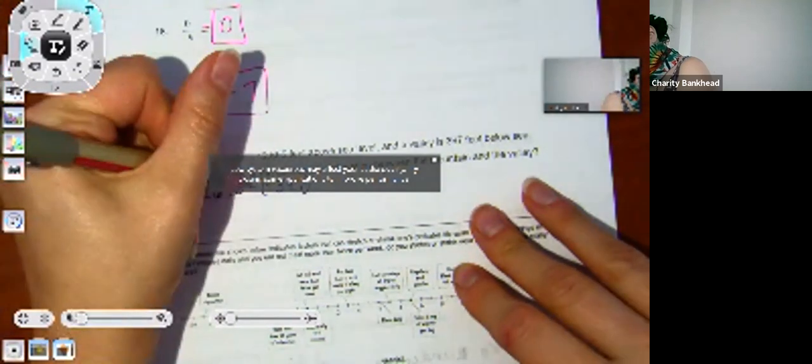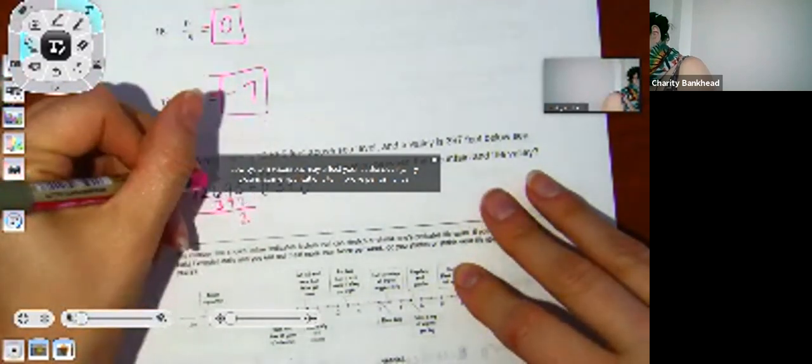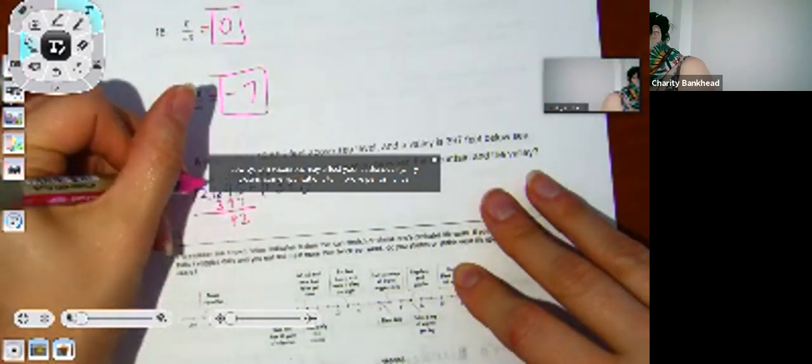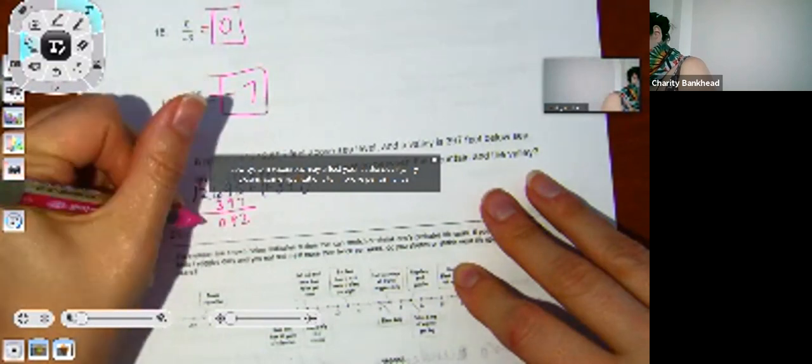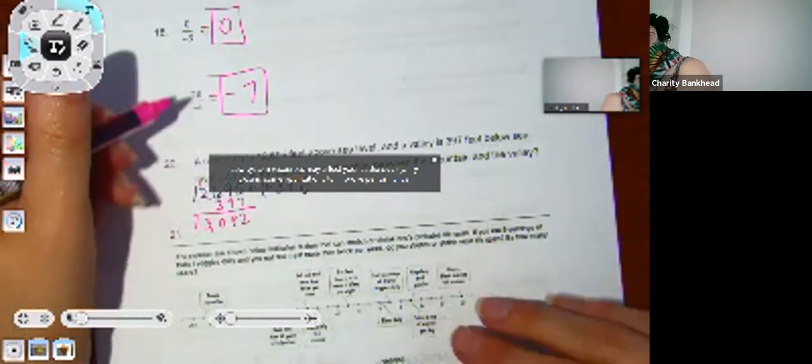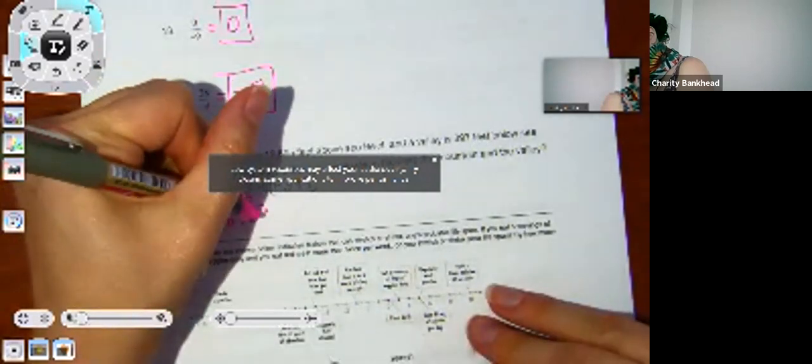So we should add those. 13,092. So it's a difference in elevation of 13,092 feet.